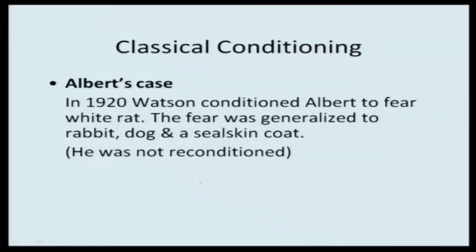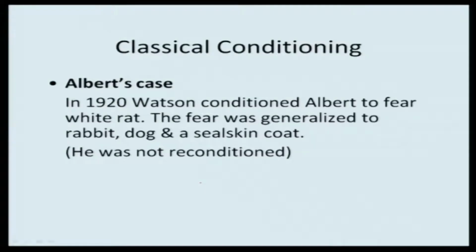This was repeated a couple of times, and the human baby Albert started getting scared of that furry toy. The moment the furry toy would come there, Albert would perhaps anticipate that now definitely this will result in that frightening sound. And this very fear that was initially for a furry white rat even generalized to rabbits, dogs and sealskin coats.